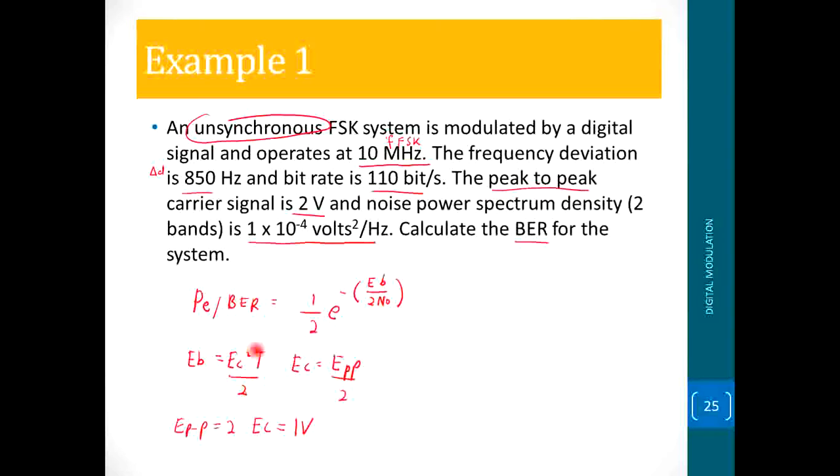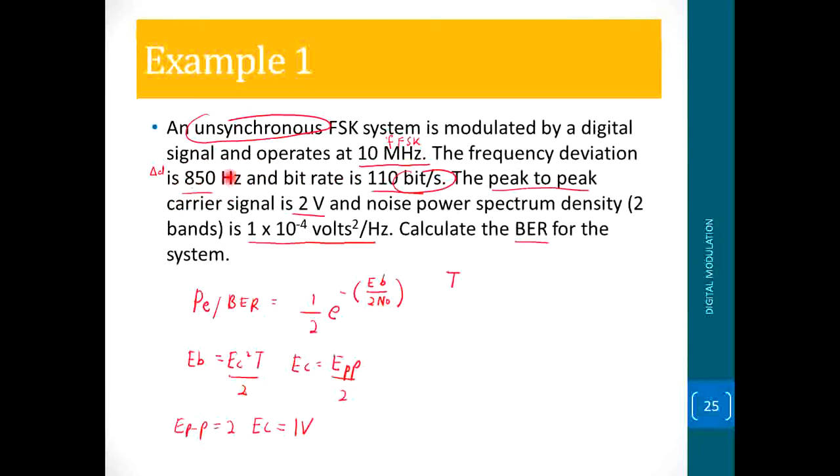Then T here. T is the period. This one is the receiver, so we will receive back the digital signal. For a digital signal, we use the unit of bits per second.